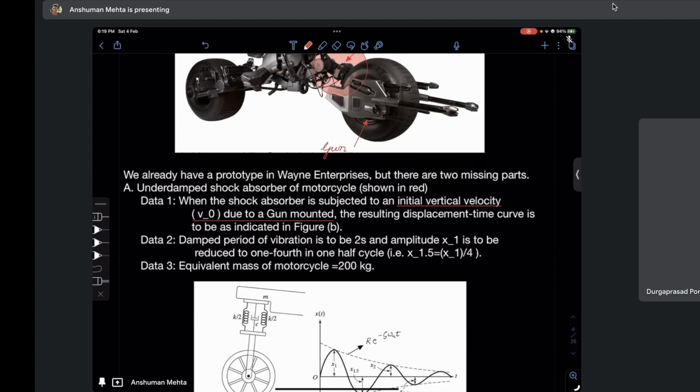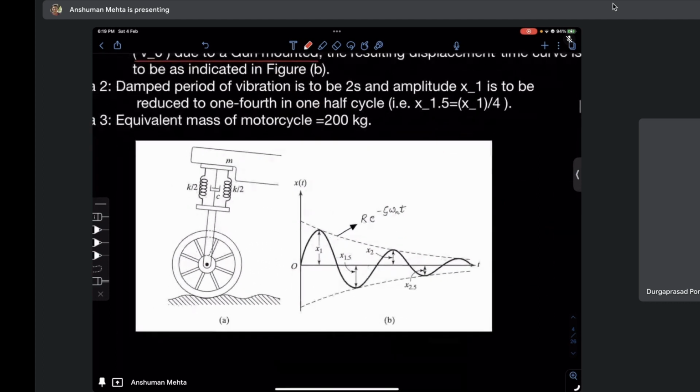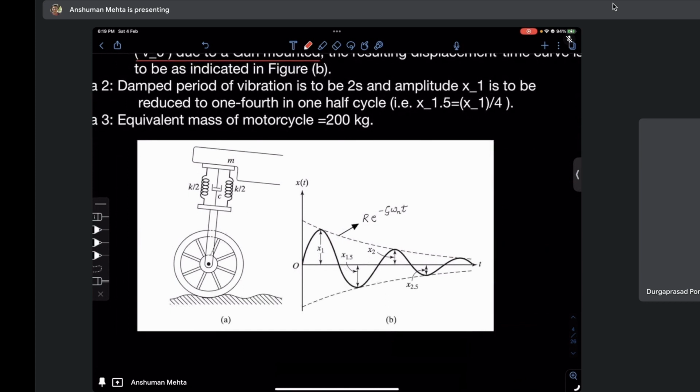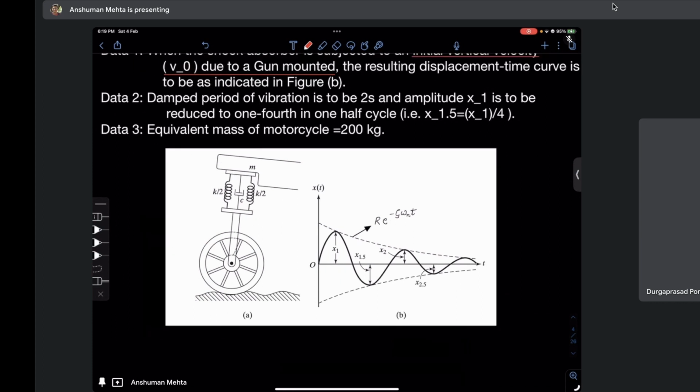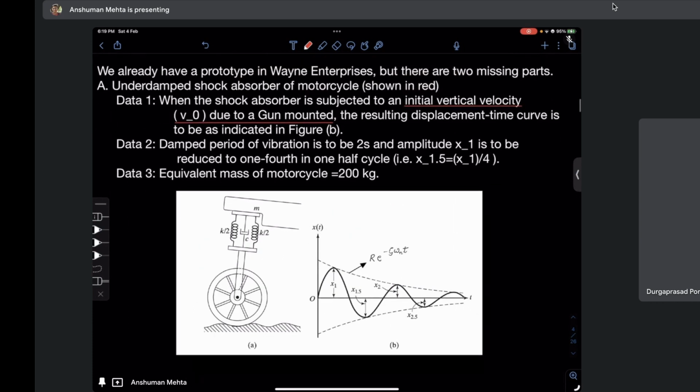And for the gun part, this is the second part, the critically damped recoil damper, but right now our problem is just an underdamped system. We can see that x1.5 is equal to 1/4 of x1. So this gives us a meaningful relationship between x1 and x1.5.